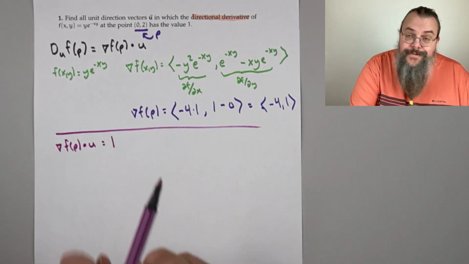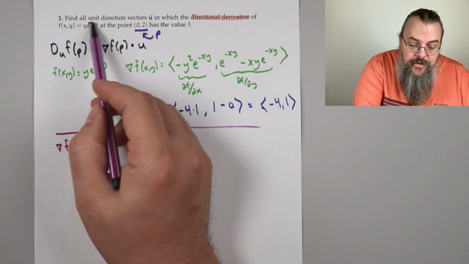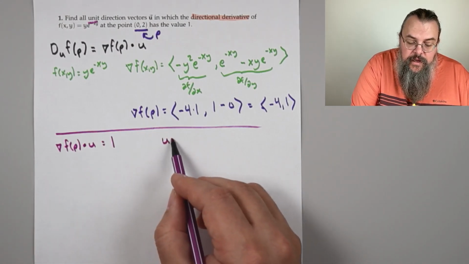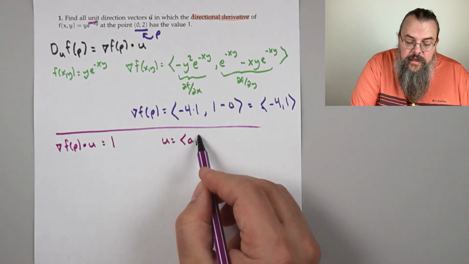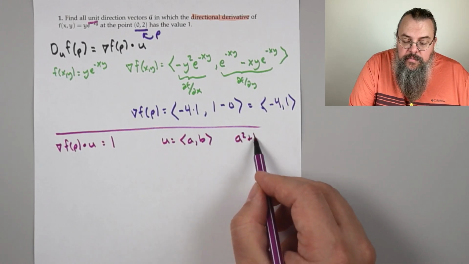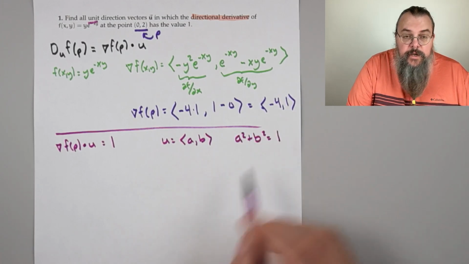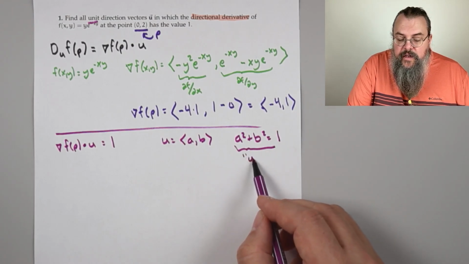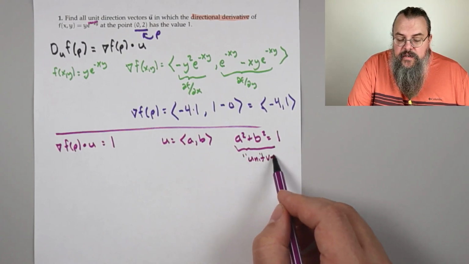And u has to be unit. Okay, so we'll think of u as our vector (a, b), and we'll note that a squared plus b squared equals 1.